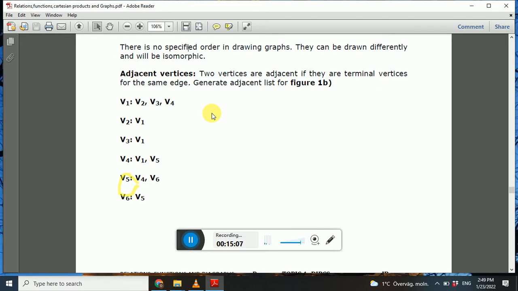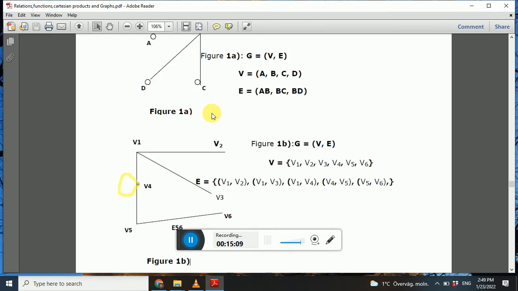Let's see from the graph. Yeah, you have an edge connecting V1 to V2. So V1 and V2 are terminal vertices for that edge. So the simple trick to identify adjacent vertices is you just look at an edge and then find out the vertices which that edge connects.